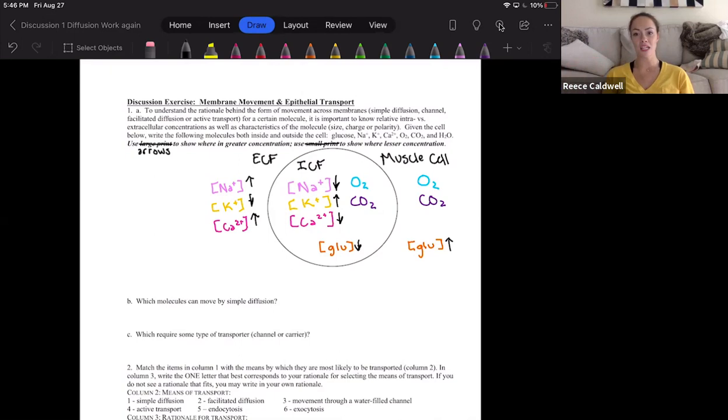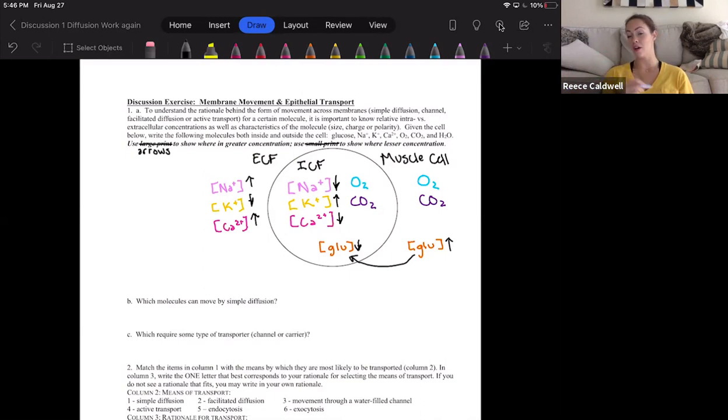And I can explain to you why we see this higher concentration outside instead of inside of the cell. If you remember back to your intro biology course, the first thing that happens when glucose enters the cell is it undergoes glycolysis. And glycolysis is going to phosphorylate that glucose.